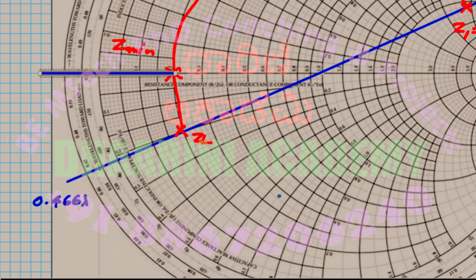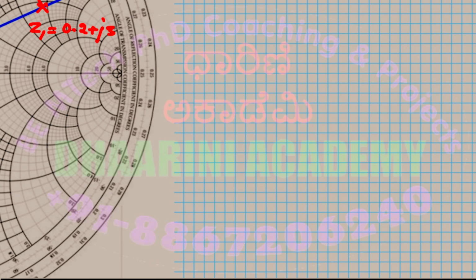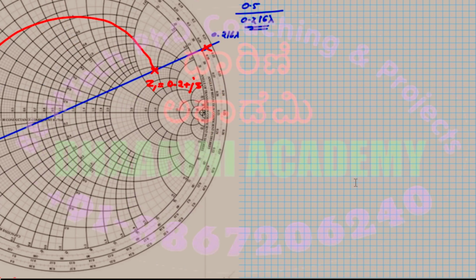And I know that at this particular point the value is 0.5 lambda. So this is the distance between the ZL and the Z min, where the minimum occurs. So let's do the calculation corresponding to that.